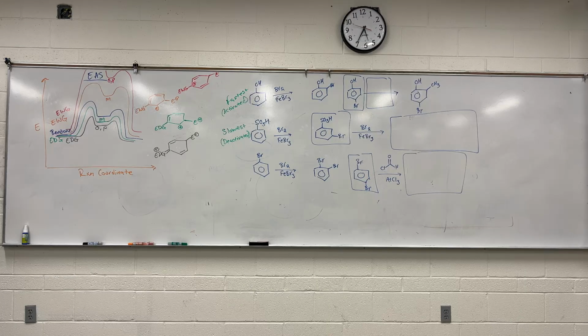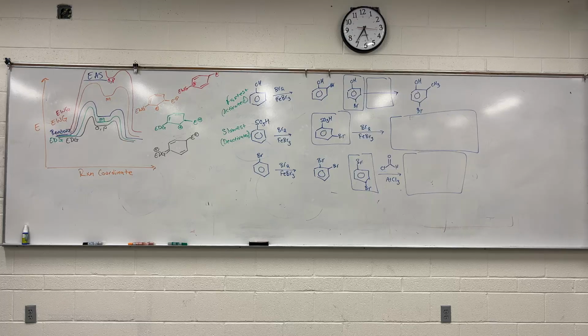What we have to decide is, does bromine deactivate the ring as much as sulfonyl? Which of them is going to have a higher activation barrier? Remember how we said halogens are in the middle between electron withdrawing and electron donating? That means the halogen is a deactivator, but not as much of a deactivator as the electron withdrawing groups.